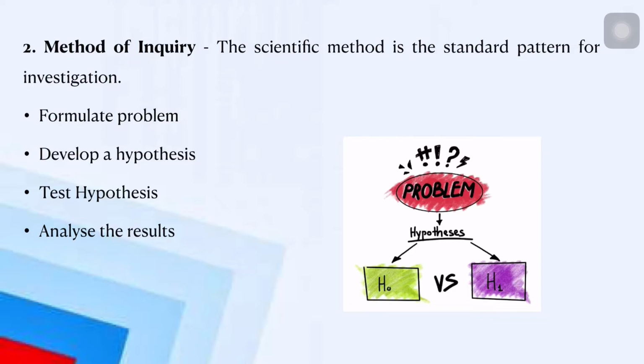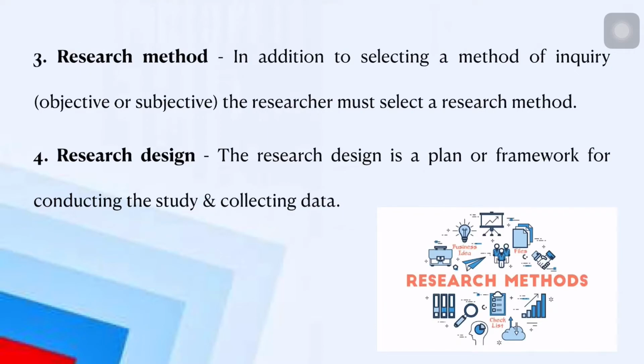That is, you formulate a problem, you develop a hypothesis, you test the hypothesis, that is the probability of a factor affecting your problem, and then you analyze those results that you have found out. Number 3 is research method. In addition to selecting a method of inquiry, that can be subjective or it can be objective, the researcher has to select a research method.